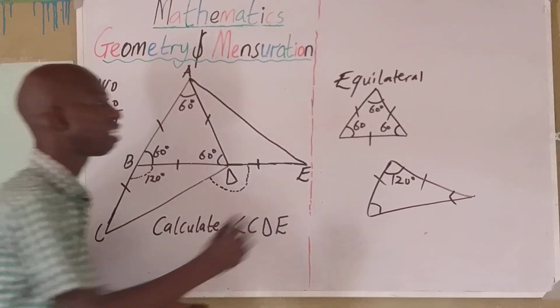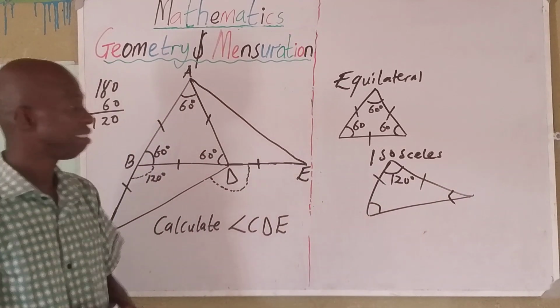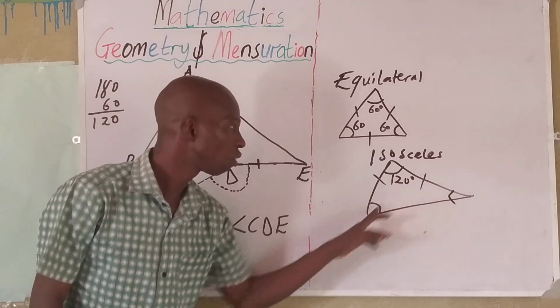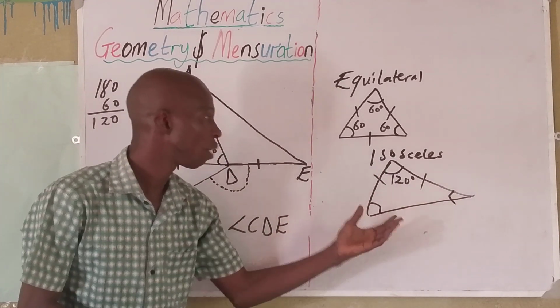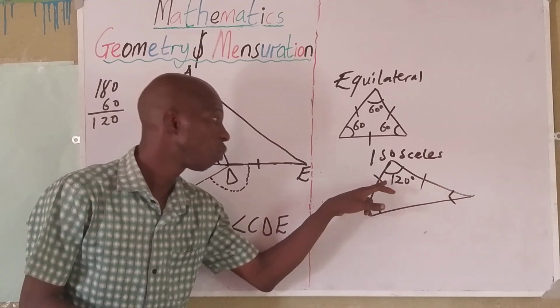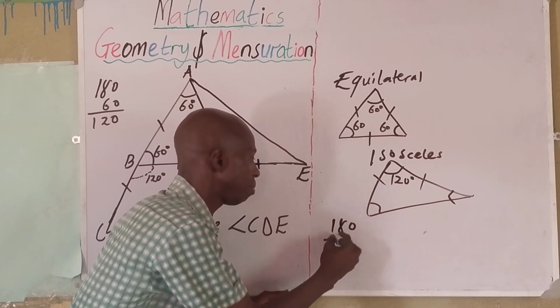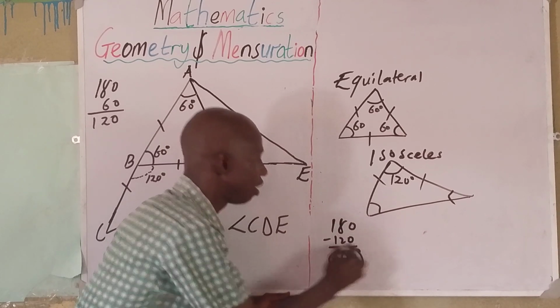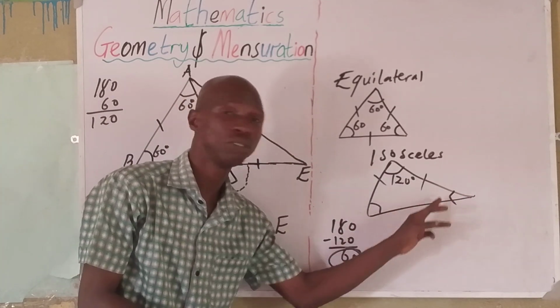And if this place is 120 degrees, since this is an isosceles triangle, what that means is that these two base angles will also be the same. Now, if in a triangle we have a total of 180, and only this side is taking 120, what is left is 180 minus 120, which is 60. It means we have 60 to be shared into these two angles equally.